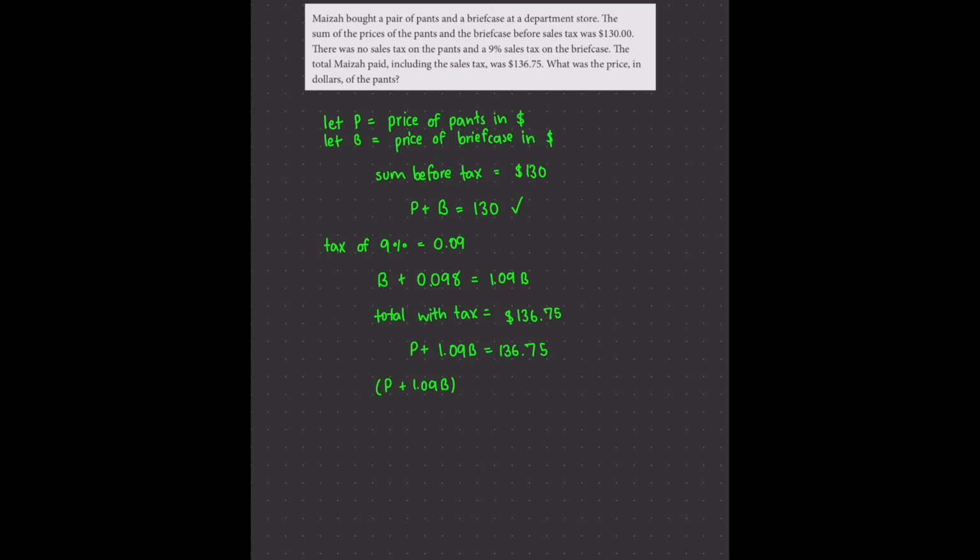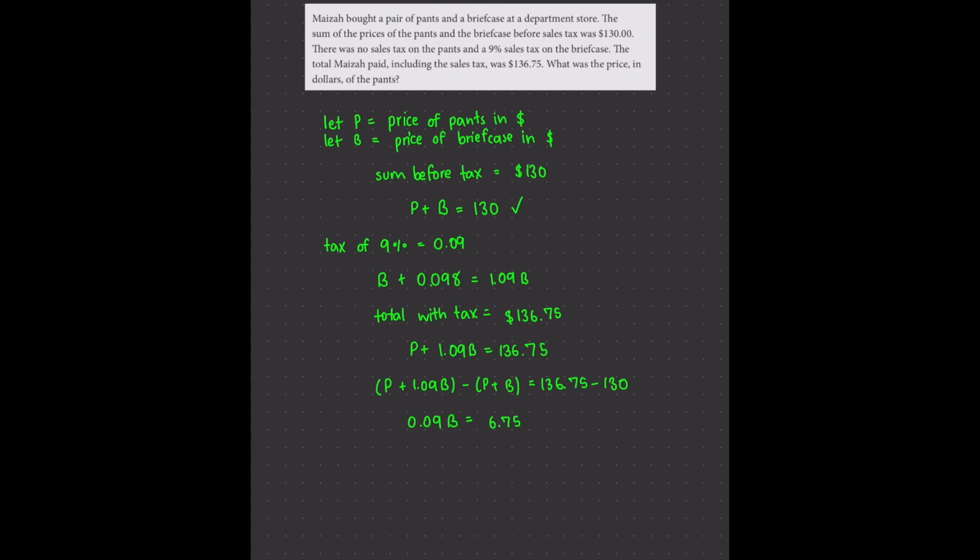Now, subtracting the sides of the first equation from the corresponding sides of the second equation gives us (P plus 1.09B) minus (B plus P) equals 136.75 minus 130, which simplifies to 0.09B equals 6.75.